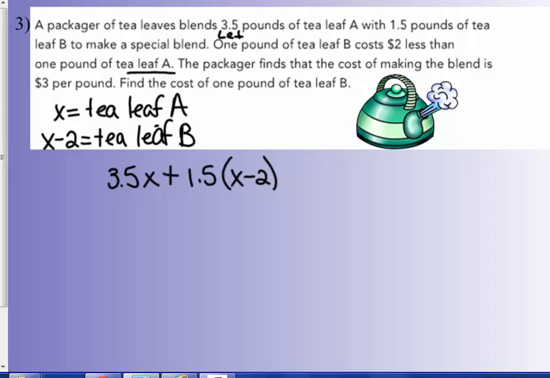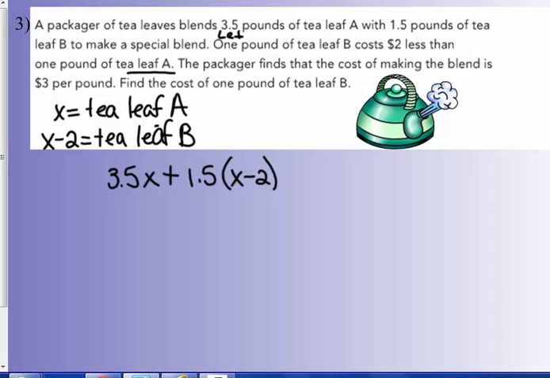The packager finds that the cost of making the blend is $3 per pound. Find the cost of 1 pound of tea leaf B. I only want 1 pound of tea leaf B.